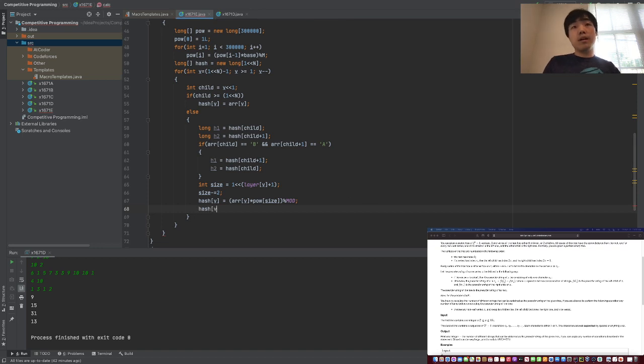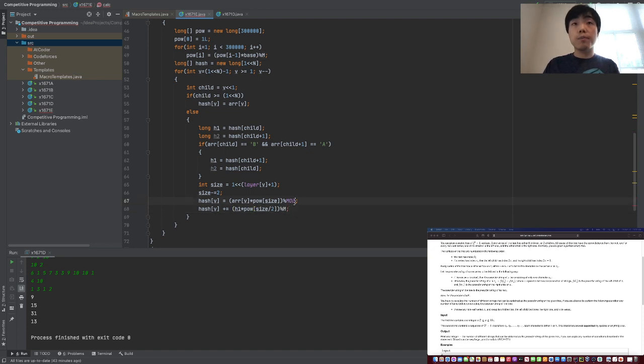Do hash at v plus equal to h1 times the power of size over 2.